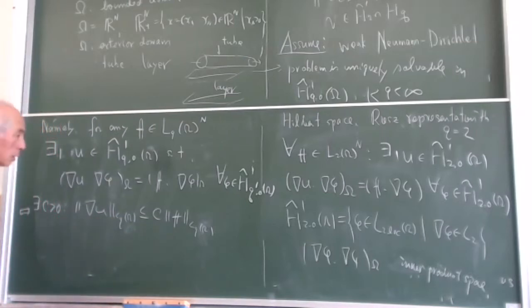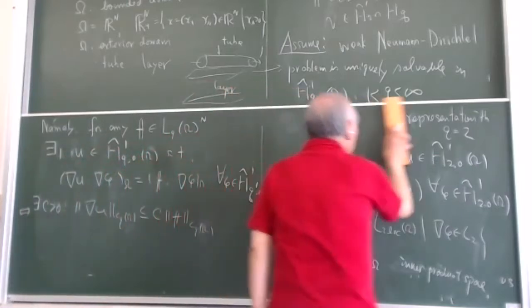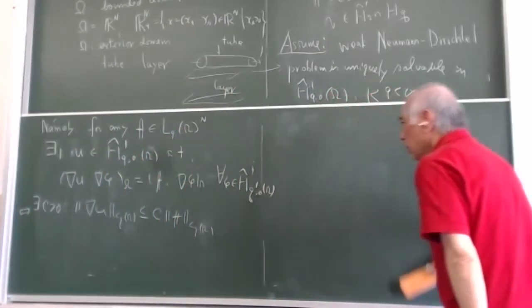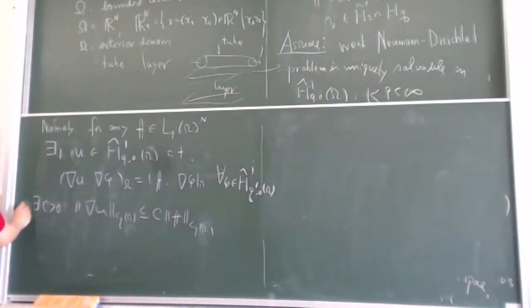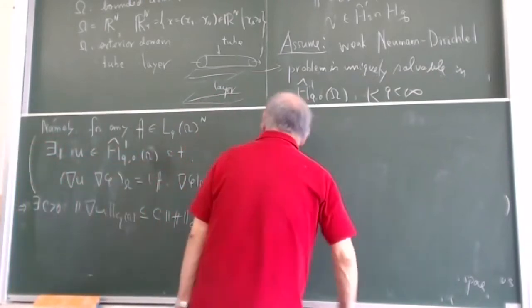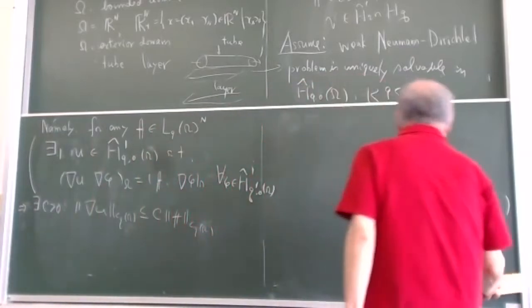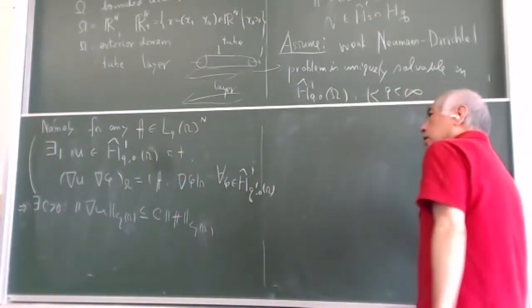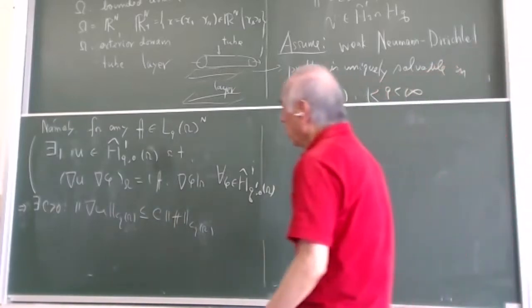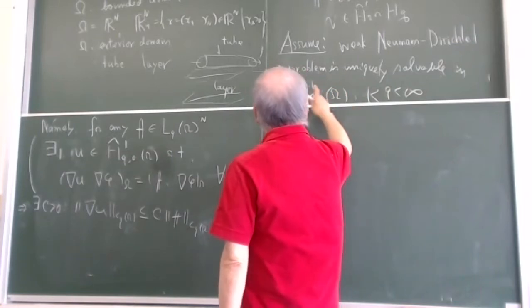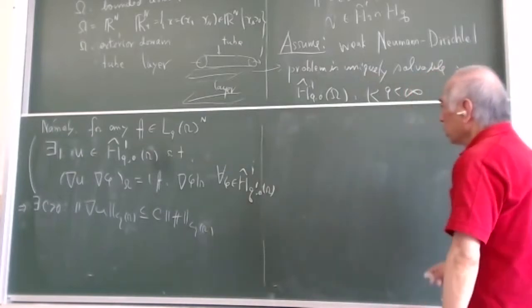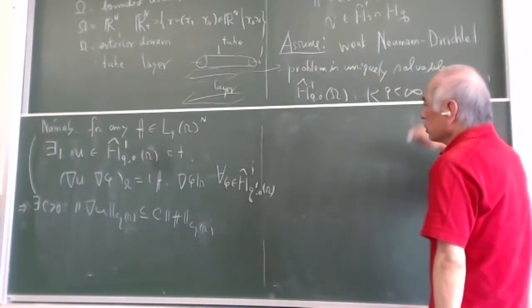It's the closed graph theorem. So far, I always assume that this weak Neumann-Dirichlet problem is uniquely solvable, even if I do not mention it.